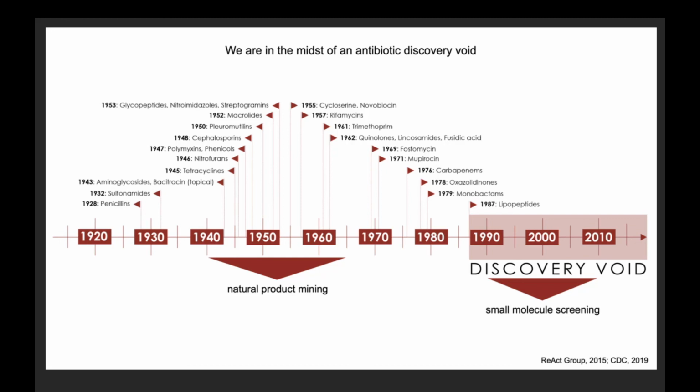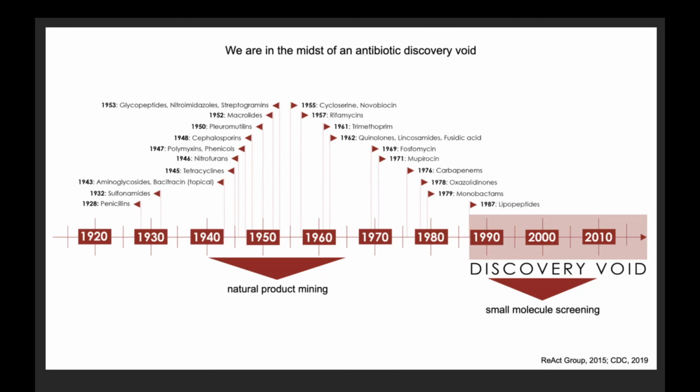So here we would isolate microorganisms from soil and then screen extracts of these microbes for secondary metabolites that exhibited antibacterial activity against a pathogen of interest. However, you can see by looking at this graph that by the mid-1960s, our ability to discover novel antibiotics through this approach was diminished. We kept discovering the same antibiotics over and over again.